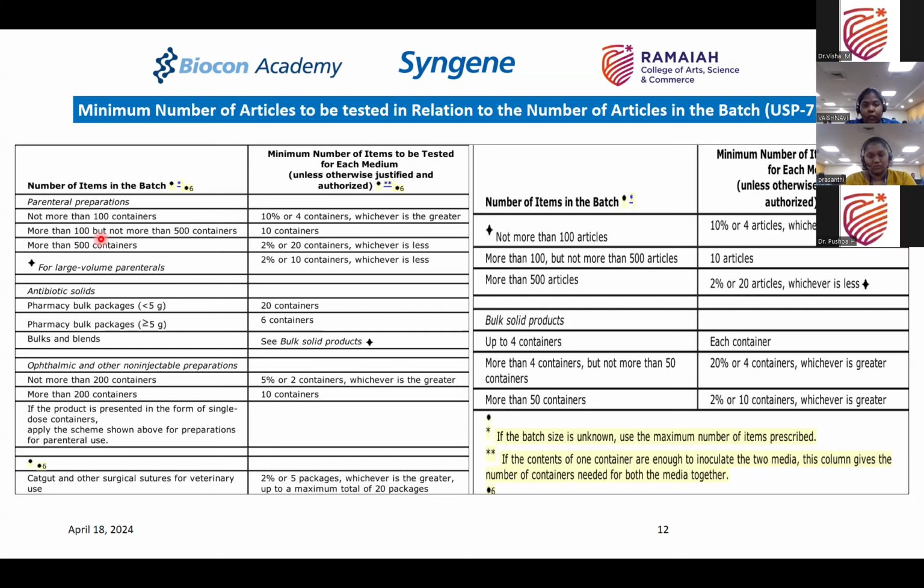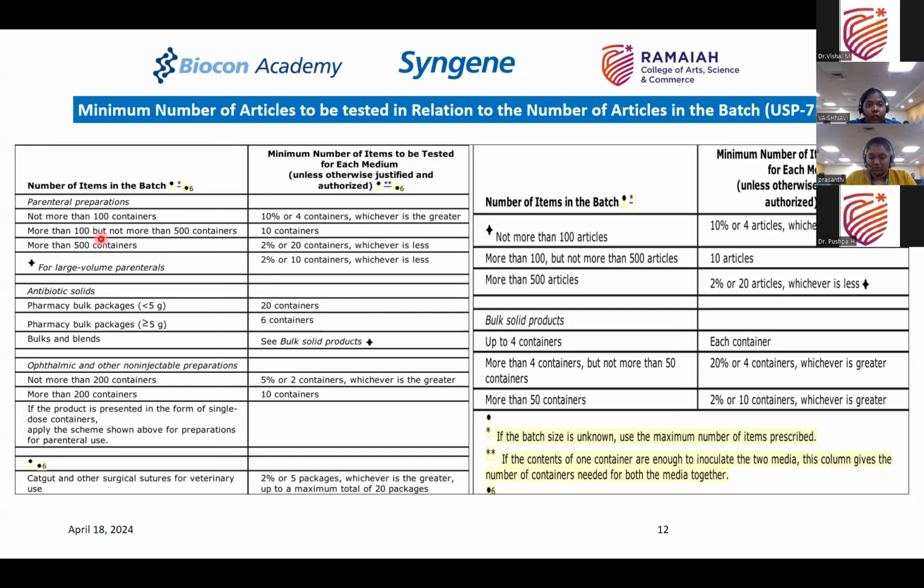This usually includes injectables. If you are getting a batch of such parenteral preparations, how are we going to do the sampling? For example, if the batch is not more than 100 containers, 10% or 4 containers, whichever is greater, has to be selected.